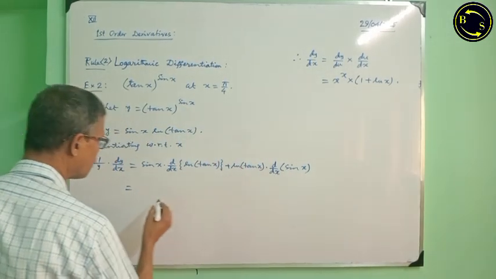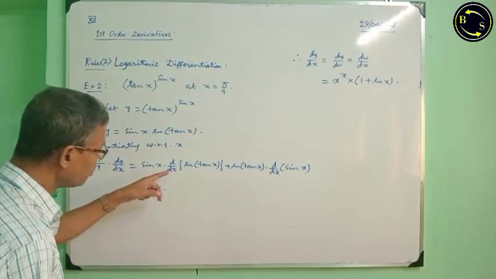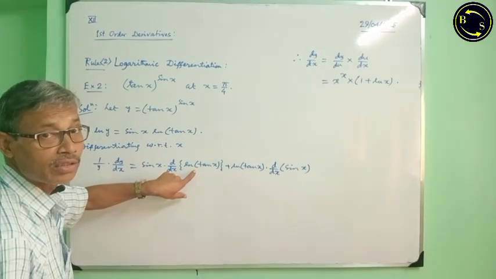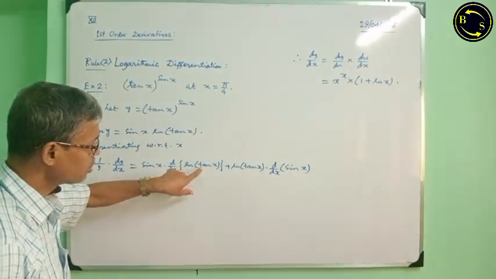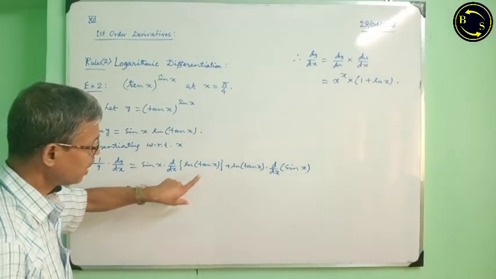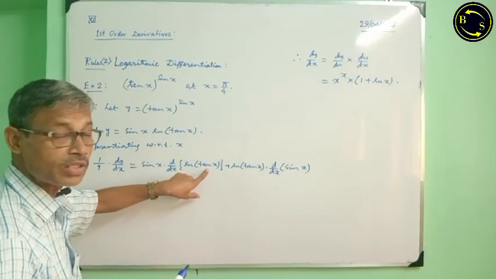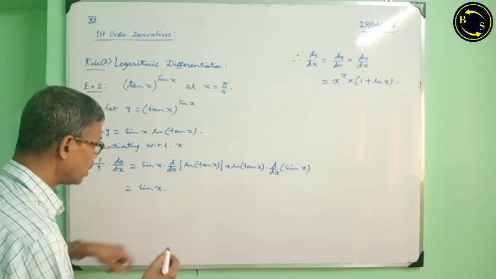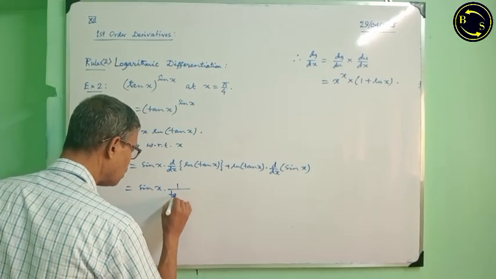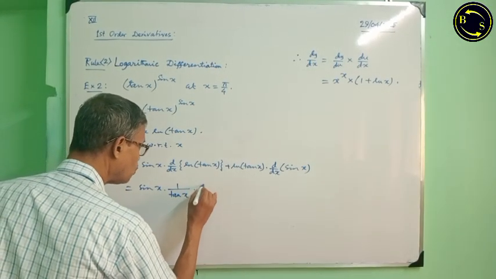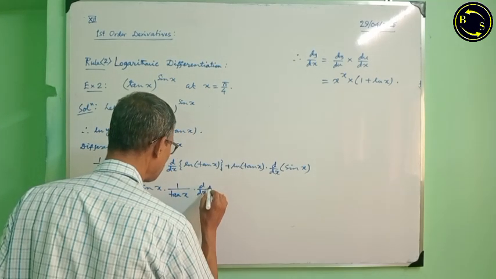I first simplify this one, sin x, then d/dx of log tan x, that is again function of function form. I consider tan x as u, that means log u, that is to be differentiated first with respect to u, that will give you 1 by u, that means 1 by tan x into d/dx of tan x, d/dx of u.